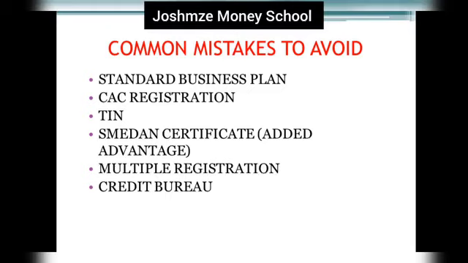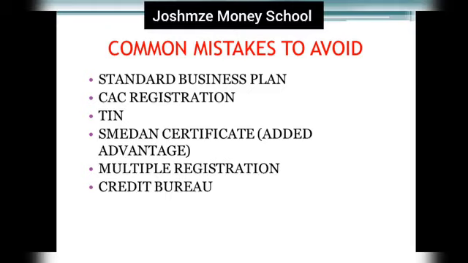And lastly but not the least, and very importantly, is the credit bureau. So many people apply for loans and they can't get them because of the credit bureau. What is a credit bureau? A credit bureau is that search, that check, that is conducted on every customer that applies for a loan in a commercial bank.